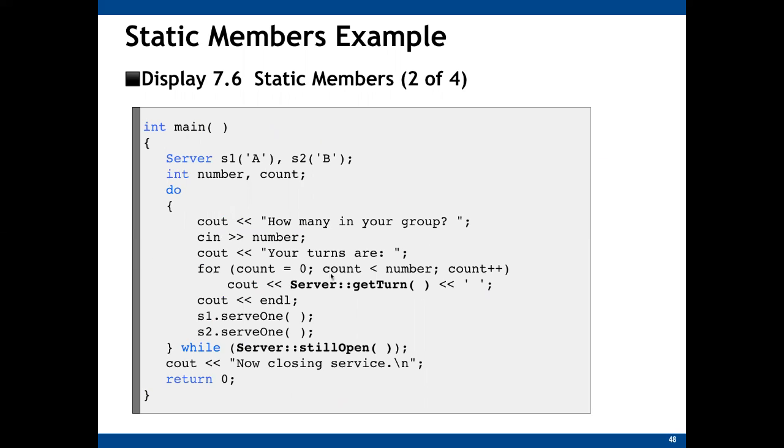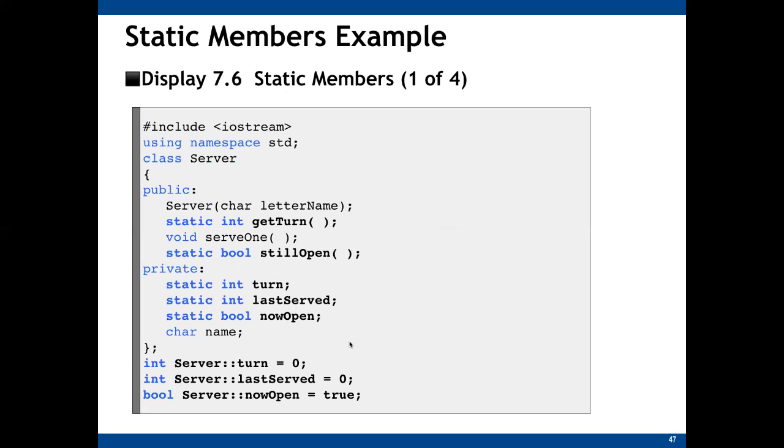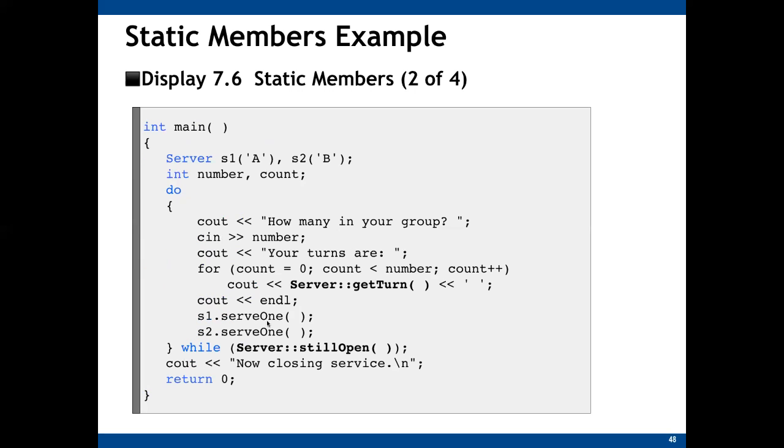And when you call a static member function, you use the class name and the scope resolution operator, like this example. And as you can see here, serve1 is a non-static member function. So we call this serve1 function using the dot operator, putting the object here. s1 is an object of this Server class.